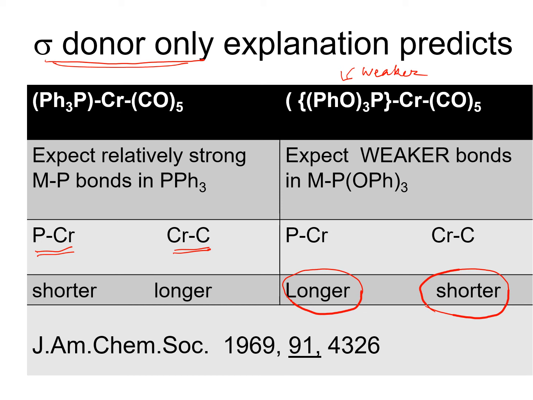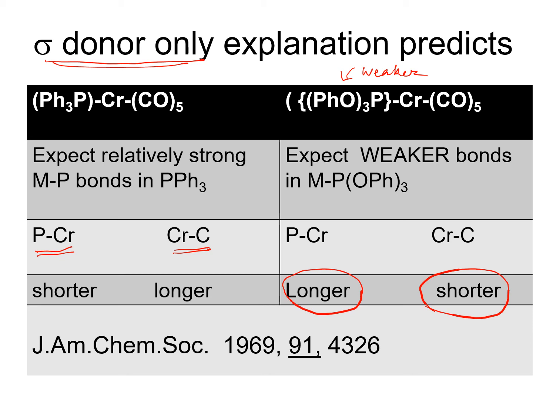So for a slightly better donor, PPh3, you expect a shorter bond on the phosphorus chromium side and a longer chromium carbon bond on the trans side. So this is what you expect based on the sigma only explanation, or rather, if the phosphorus has no pi acceptor capacity and it is only the sigma donation that determines the bond strength, this is what we will expect for two sets of ligands.